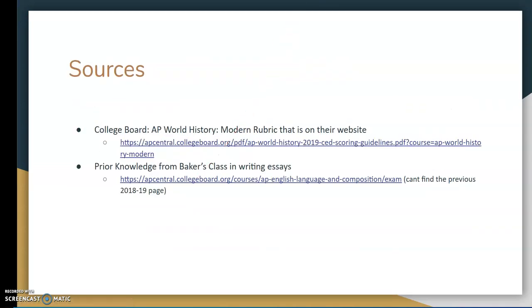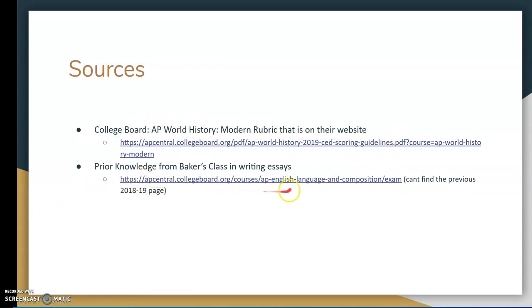Of course, my group is mostly familiar with Baker's class, so we've been writing a lot of essays, and we know somewhat what the similarities are between the English language essays and the AP World History essays. And of course, here are some of our sources. The College Board for AP World History, the rubric that's on their website.